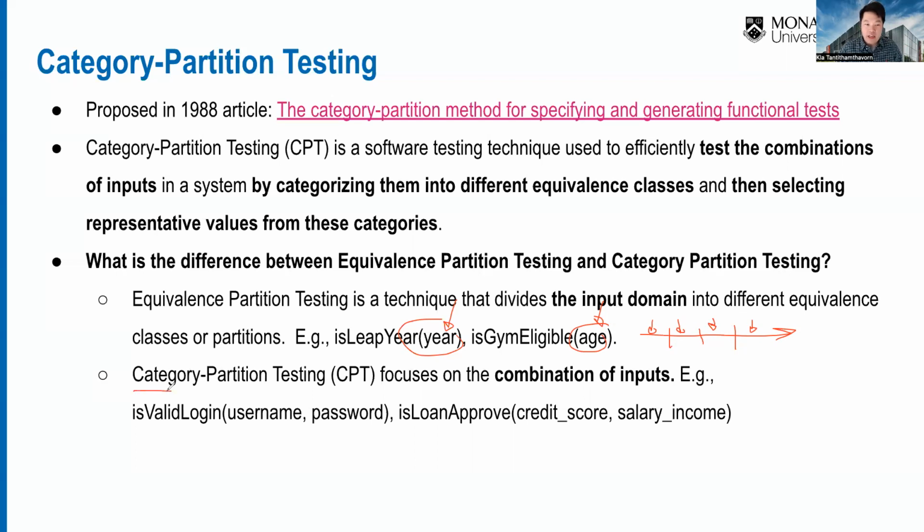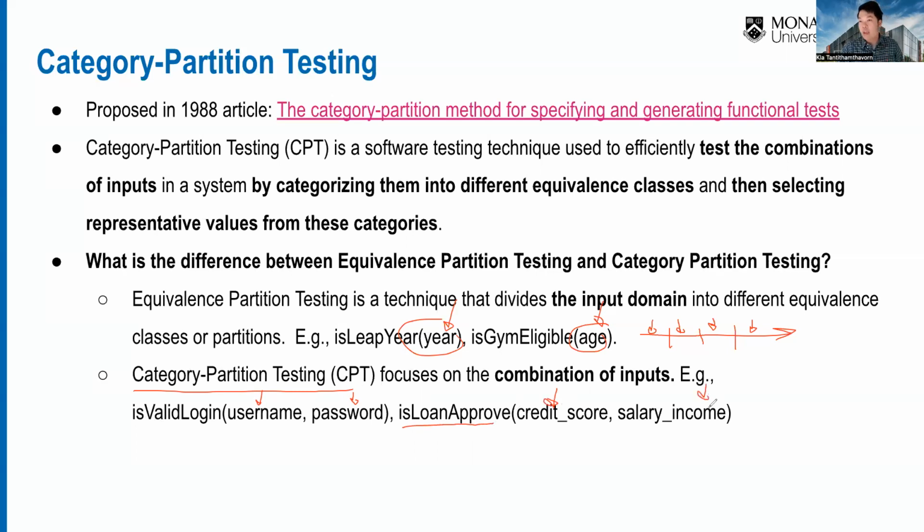But for category partition testing, we are talking about combinations of inputs. Combination means two or more. For example, is valid login has two inputs: the username and the password. When we talk about is loan approved, we talk about the credit score and the salary income.